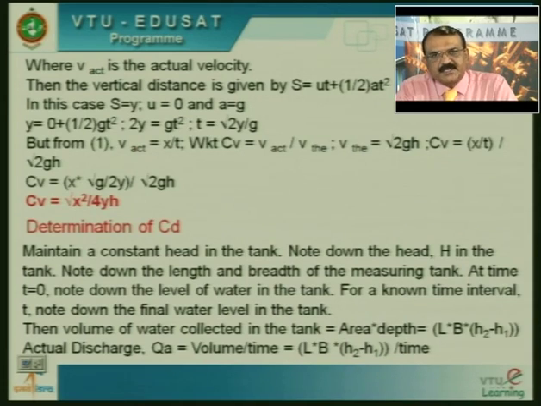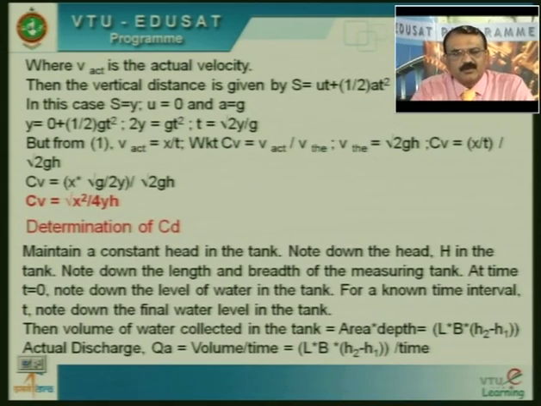Now, theoretical velocity is given by Torricelli's equation, root of 2gh. Therefore, my Cv is equal to, if you substitute these values, x divided by t whole thing divided by root of 2gh. If you simplify this, you are going to get Cv is equal to x square divided by 4yh.